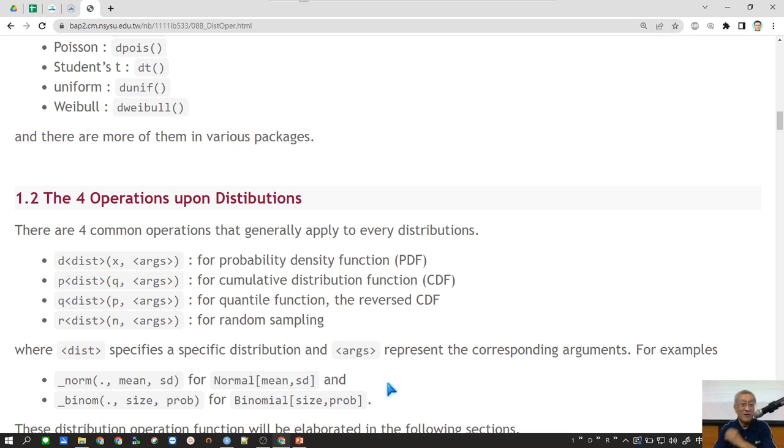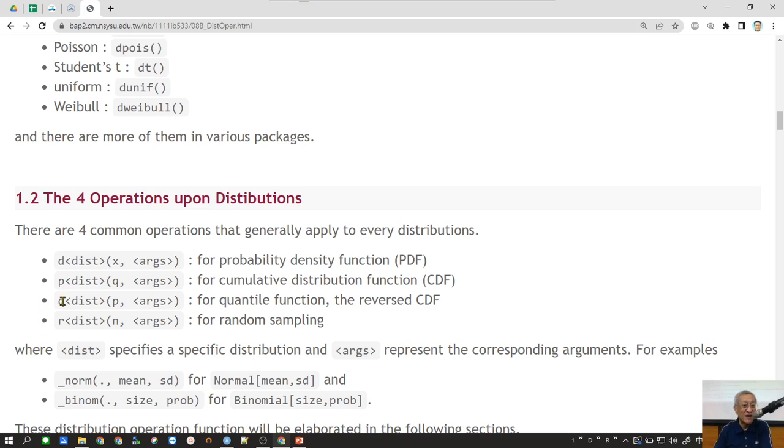So in R, we have these 4 common distribution operations, D, P, Q, R, which respectively stand for density, probability, quantile, and random draw.